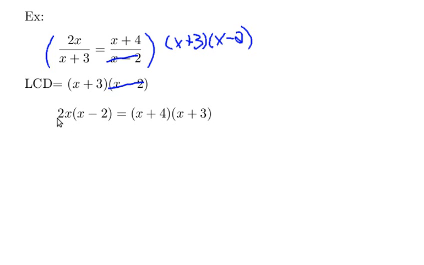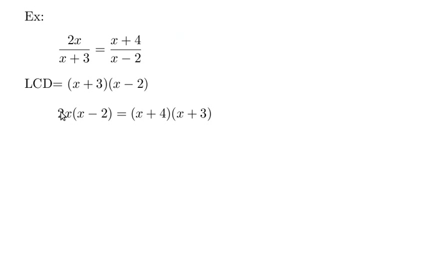Okay, so we double check that to make sure, because sometimes when I talk and do math at the same time I get mixed up. So multiply this side, the x plus 3 will cancel, you'll have 2x times x minus 2. Over here, the x minus 2 will cancel, you'll have x plus 4 times x plus 3. Okay, that is correct.